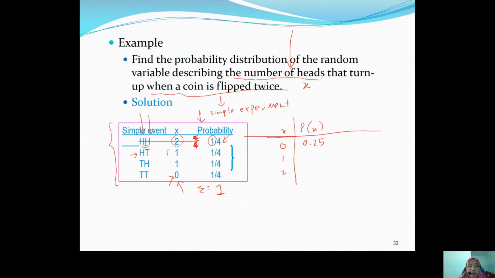For the case X is 1, we sum up the probabilities of the two cases, so we have 0.25 plus 0.25, which is 0.5. And for the case when X is 2, meaning we are getting both heads, it is equal to 0.25. So the total here will be equal to 1. This we call the probability distribution table based on discrete or common probability.